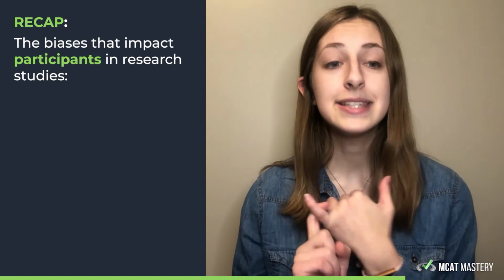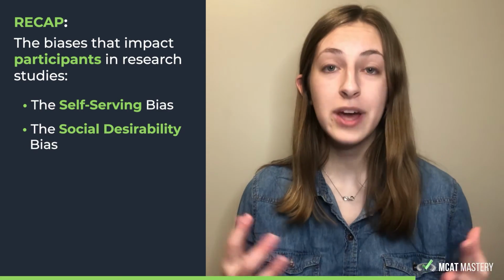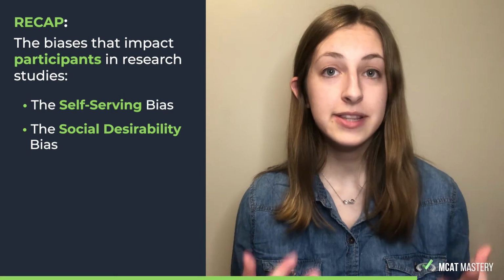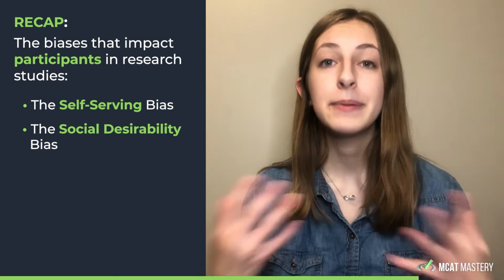So just to recap, in terms of biases and errors impacting participants in research studies, we have the attribution error, or the self-serving bias, which is I attribute negative things to the environment, positive things to internal factors. We have the social desirability or response bias, where participants will answer questions how they think the researcher wants to hear to please them.